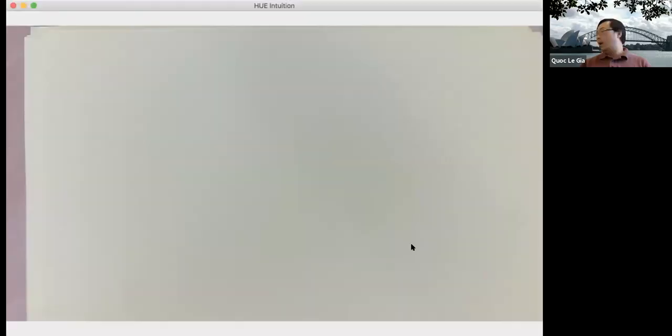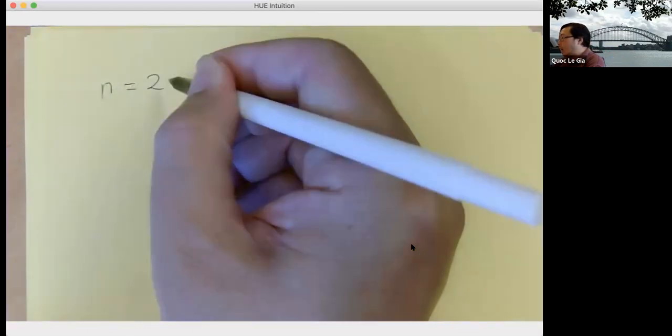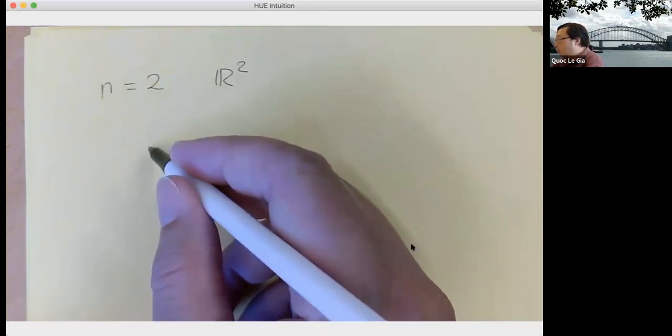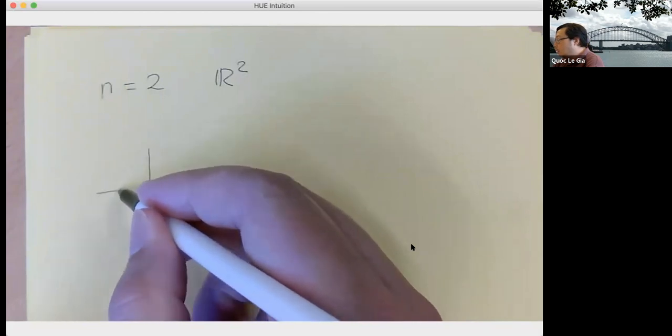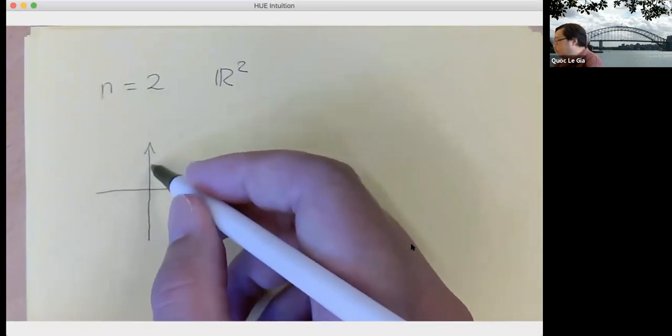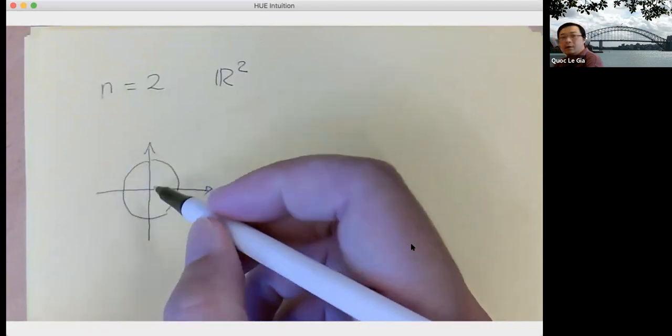Suppose I take n equal 2, on the plane. So n equals 2, what is R2? And now, okay, I draw a unit circle. So this is my unit circle, right? Something like this.